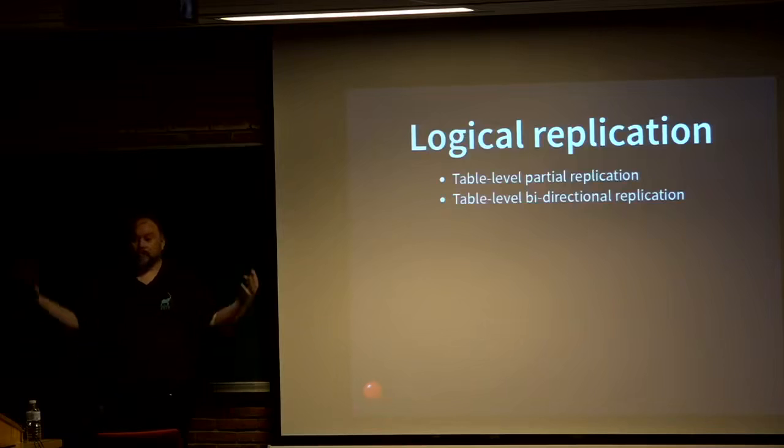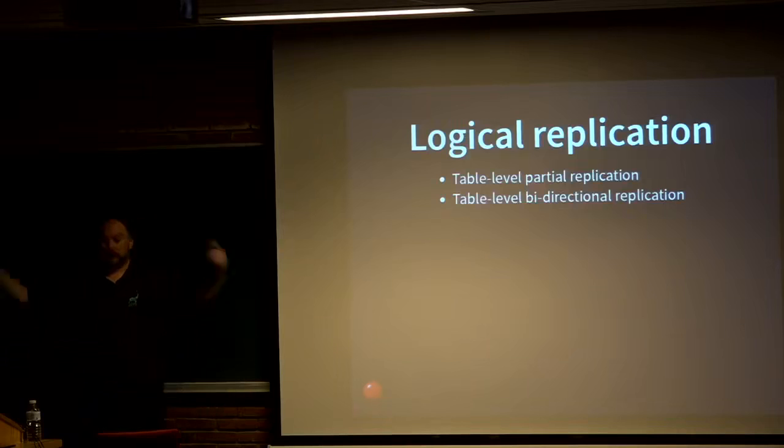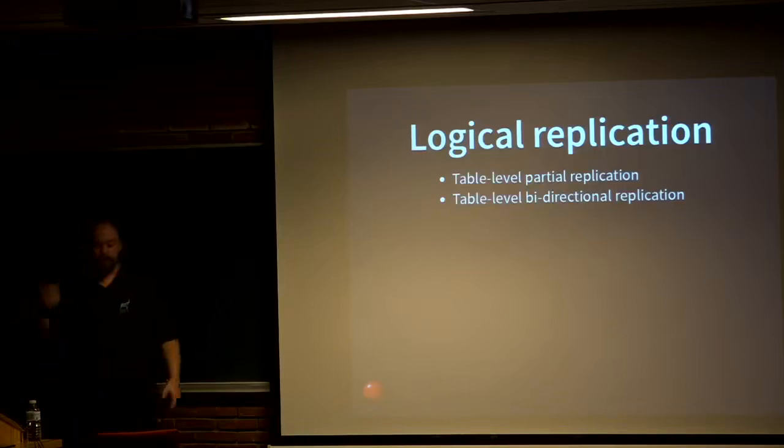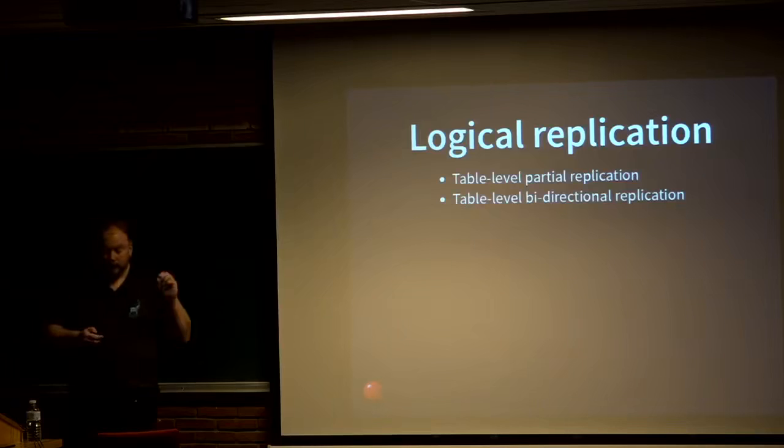Like we might have a master node for each customer depending on location, and we just replicate them in two different ways. And then we have a view on top of it, or it can be partitions or something like that, which the application works with. There are many scenarios where actually just being able to do table-level bidirectional replication can be really, really useful.